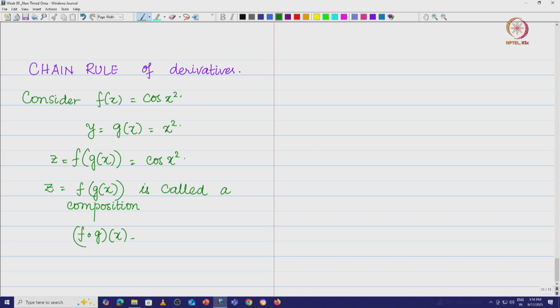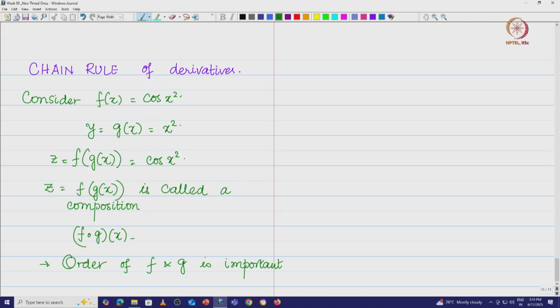This means it is f of g of x, and what is interesting in this case is that the order of f and g is very, very important.